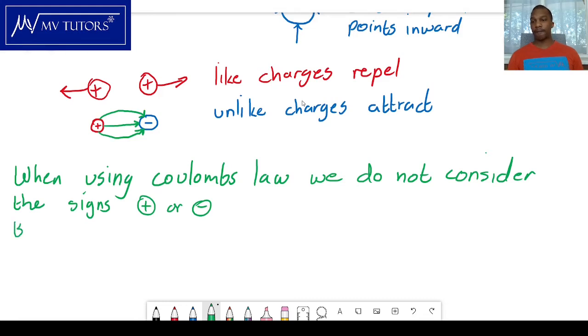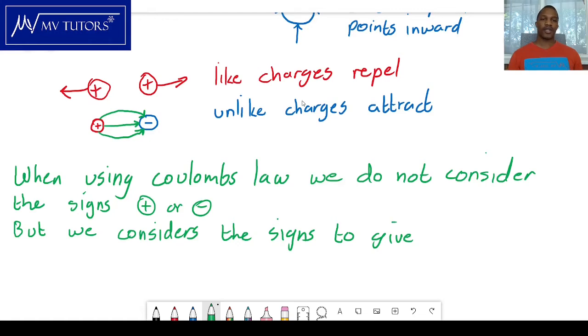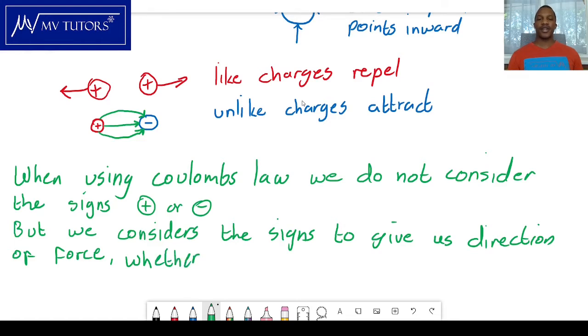But we consider the signs to give us direction, whether the direction of the force is a force of attraction or repulsion. Okay, that's it. Just always remember that.